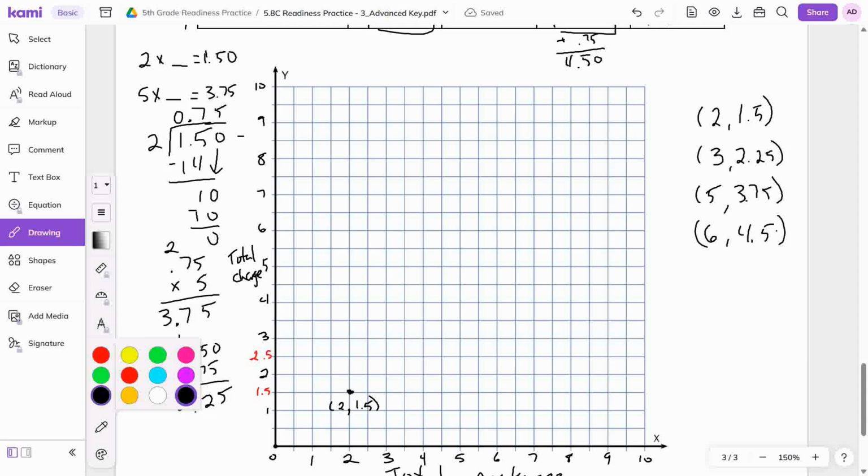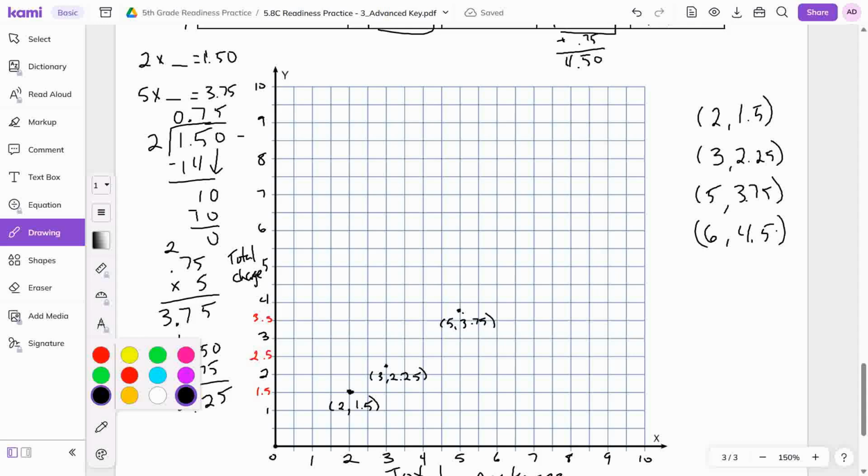The $2.25 is going to land right in between the $2 and the $2.50. We can think of it like quarters. So 3, 2.25. Same with this 5 and 3.75. So my 5 is over here, but my 3.75, I'll label my 3.50 right here. So the 3.75 is going to be halfway between the 3.50 and the 4. So there's my 5, and there's my 3.75.